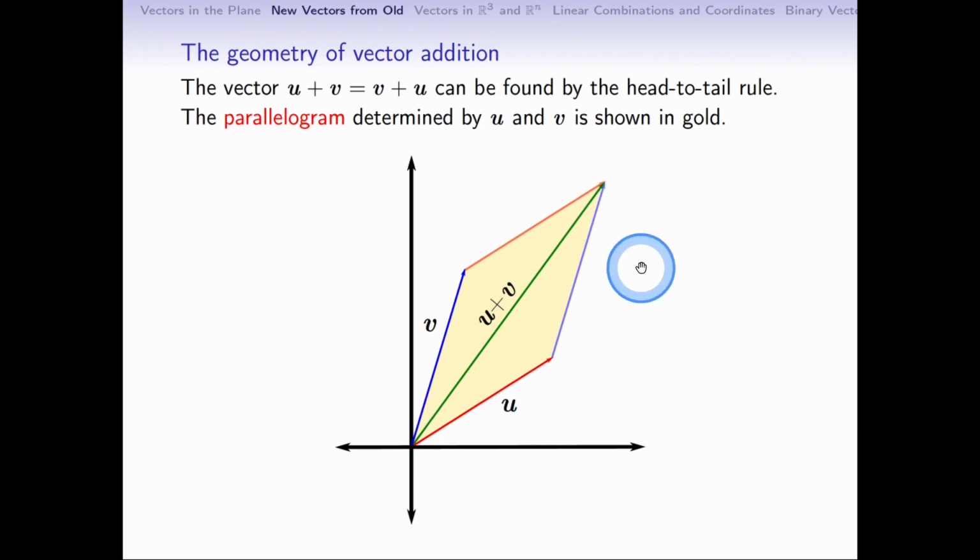Now we know that vector addition is commutative, and this is reflected geometrically by going v first and then u second. And we see that these tips coincide no matter the order in which we would add the vectors. So if I go u first, v second, or v first, u second, I end up at exactly the same point, and so I end up with exactly the same resultant vector, whether I think of it as u plus v or v plus u.